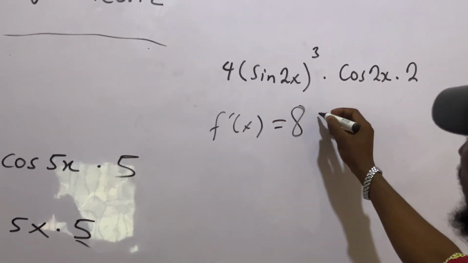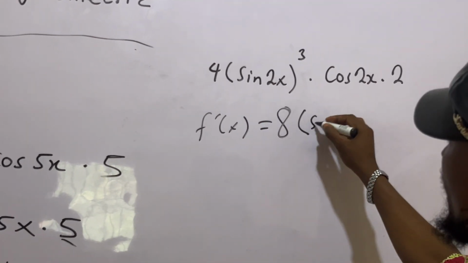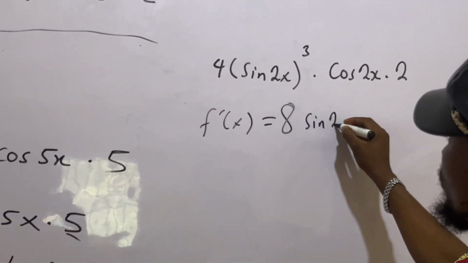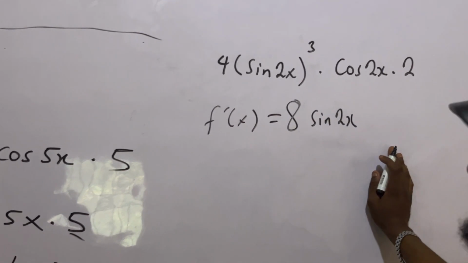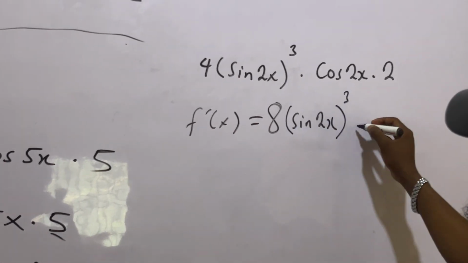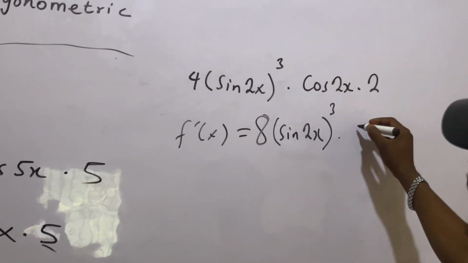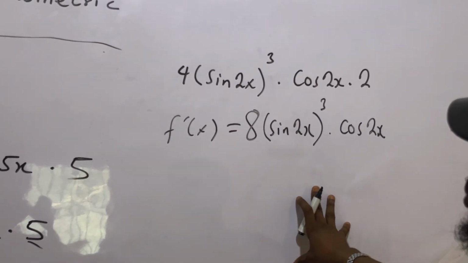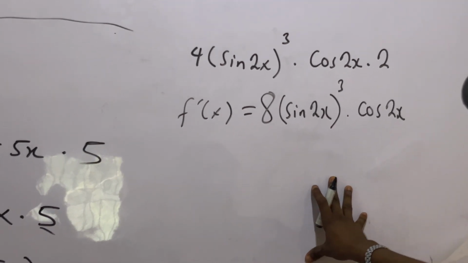Then what do we have here? We have sine 2x, then to the power 3. Then we have cos 2x. As simple as that.